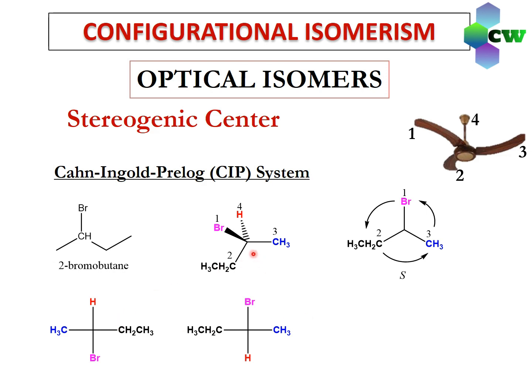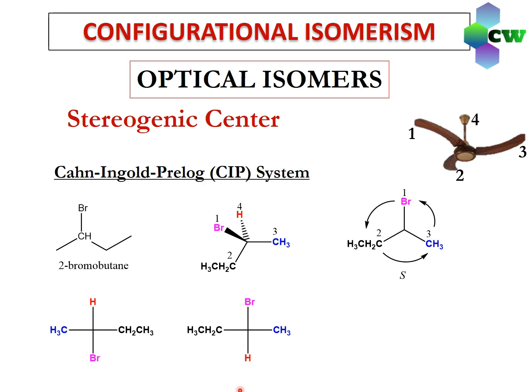Now if you are standing again in the same position and you are facing towards the screen in the direction in which you are sitting right now, then this CH3 will appear to your right as it is now, and this C2H5 will appear to your left. So they are on the horizontal axis, CH3 to the right, C2H5 to the left, and this time bromine is appearing as if it is up here, and H will appear as if it is down.